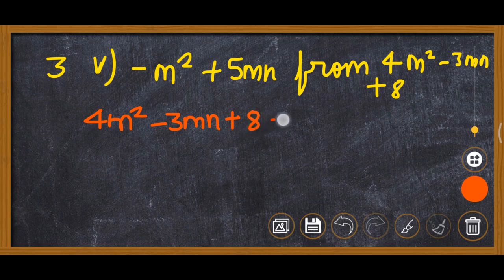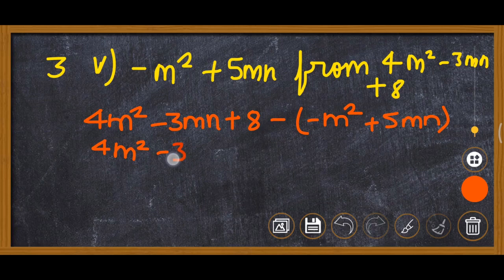Then we will take the negative sign and then we will write minus m square plus 5mn, then we will close that bracket. Now we have to open this bracket: minus 3mn plus 8, then minus minus plus m square, then minus plus minus 5mn.